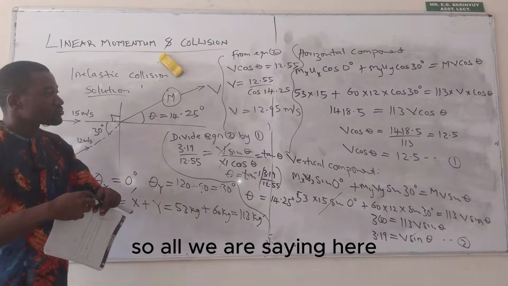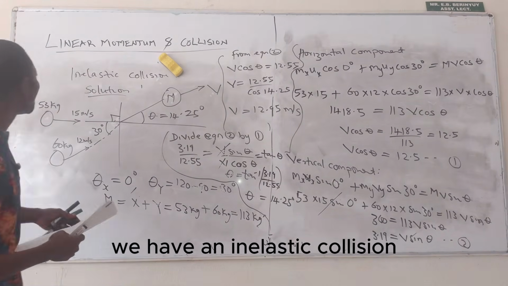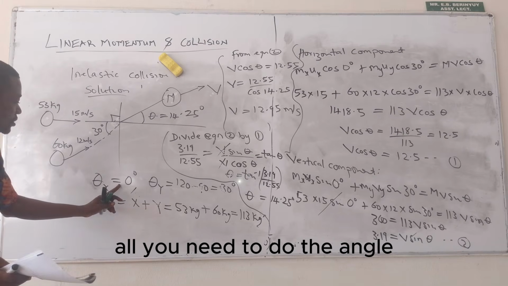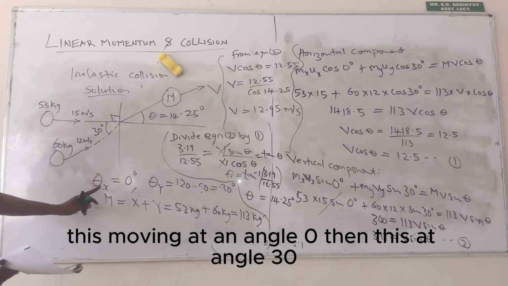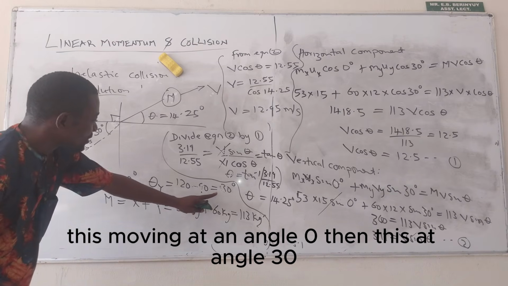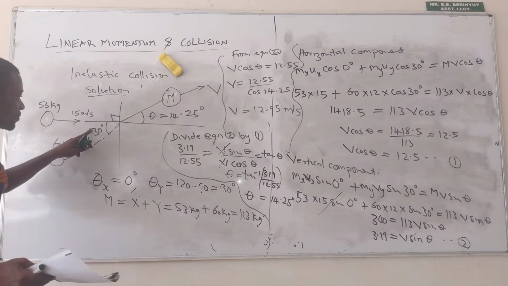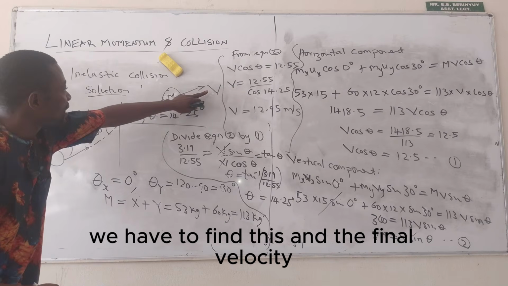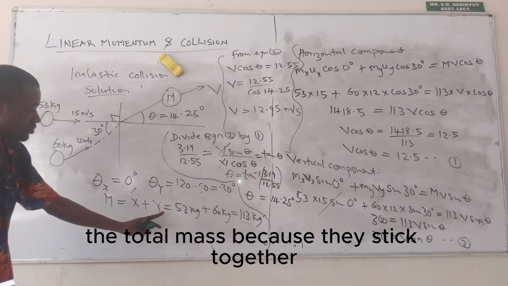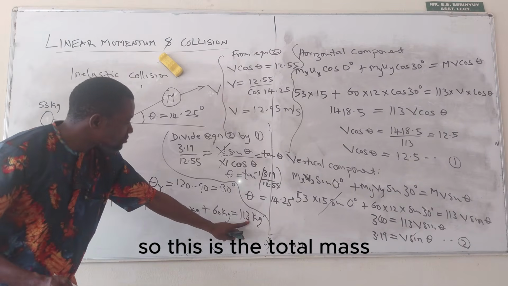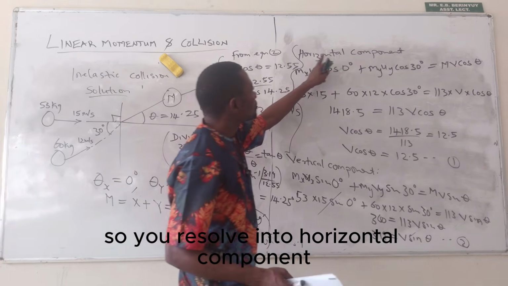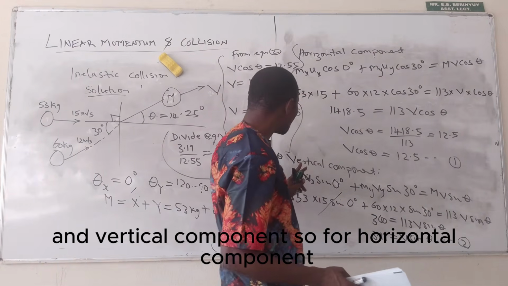So all we are saying here, we have an inelastic collision. The one moving at angle 0, then this at angle 30. We are to find this angle and the final velocity, and the total mass, because they stick together. Are we together? So you resolve into horizontal component and vertical component.